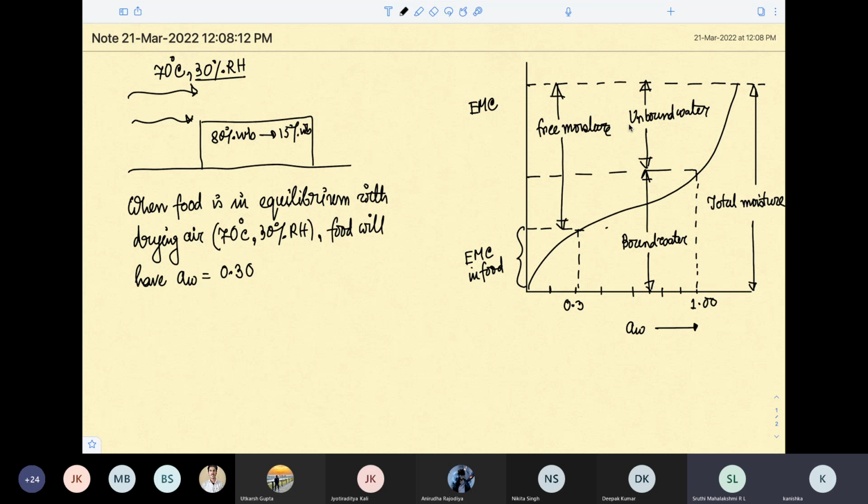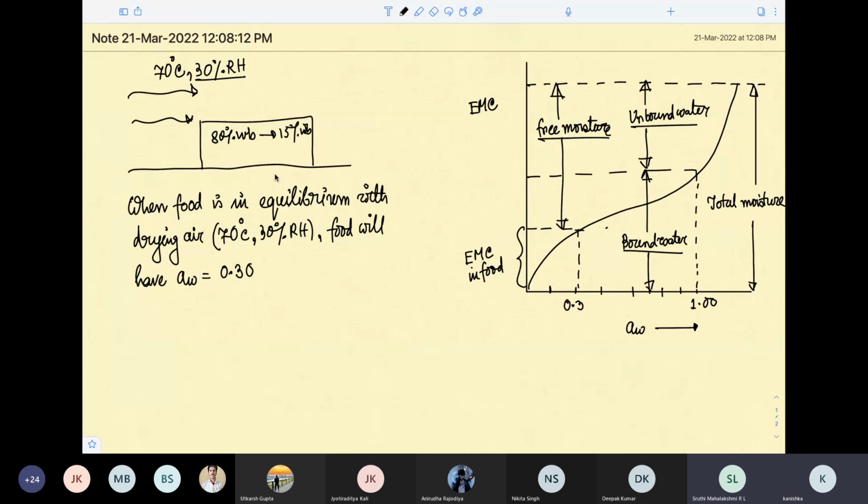This free moisture can be removed during the drying process, and you can see this free moisture can be the sum of unbound water and bound water also. So while the drying process is going on, this unbound water and bound water is there, and it influences the movement of water from the food to the surface.